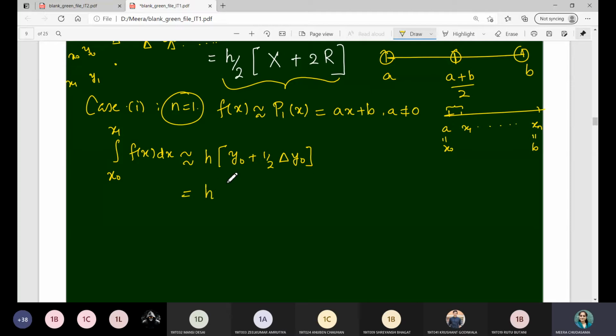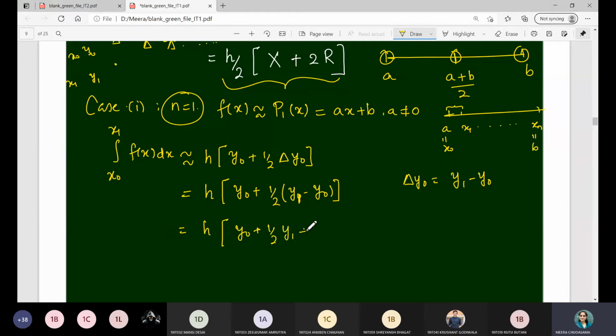So if we consider the simplification, what is delta y0? What is delta y0? y1 minus y0. Very good. So substituting that value, y1 minus y0, on simplification you see y0 plus 1 by 2 y1 minus 1 by 2 y0.